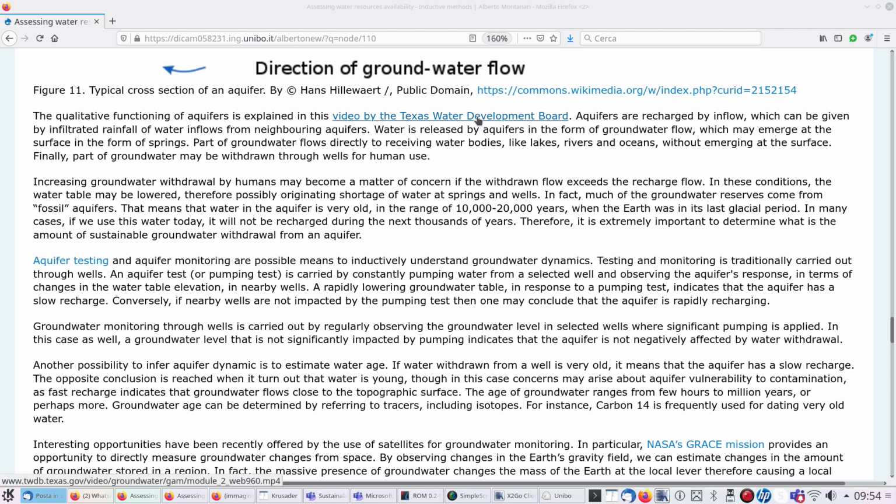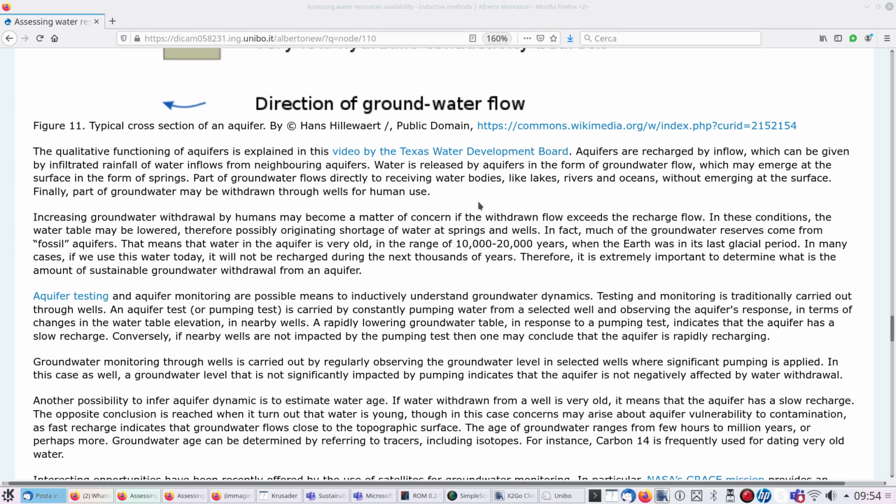It is excellent. It lasts about 7 minutes, and it is a nice explanation of how aquifers work. And it emphasizes the difference between porosity and permeability. It is a kind of dissemination material. It is not technical, but still I think it is meaningful.